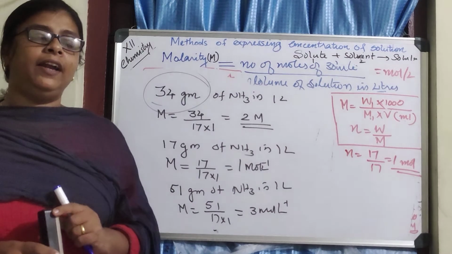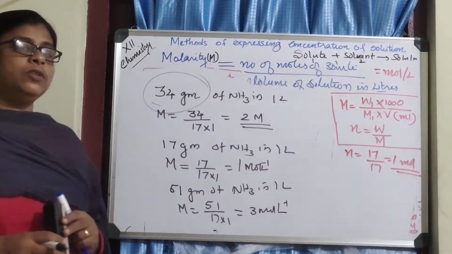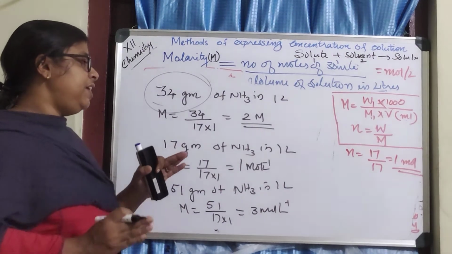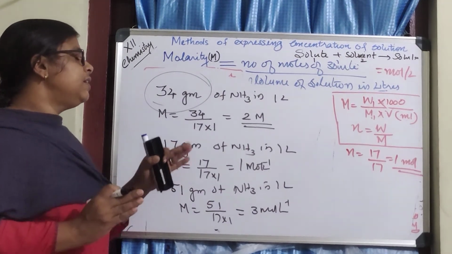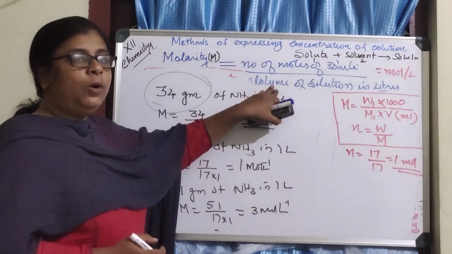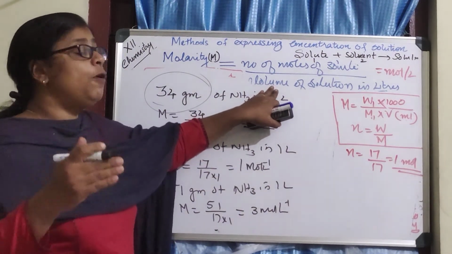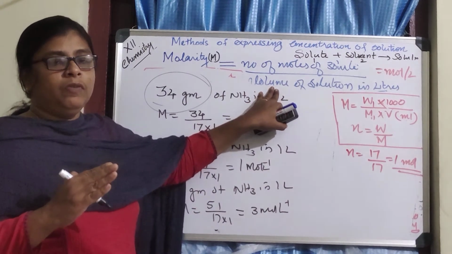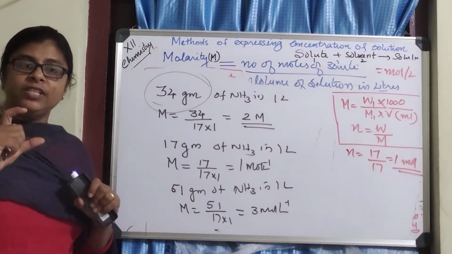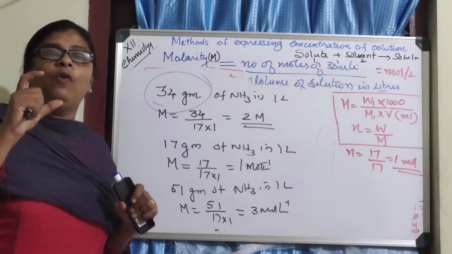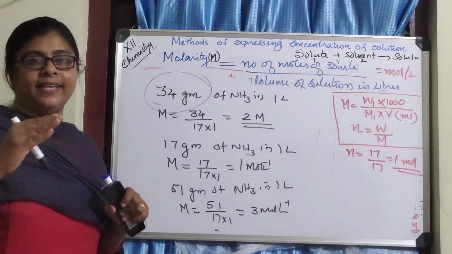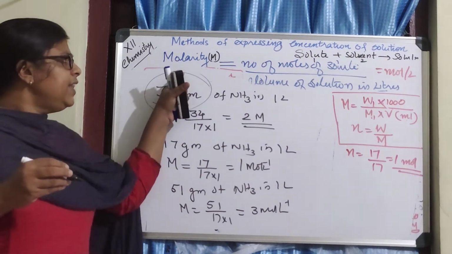So, we can say that molarity is temperature dependent. എന്തുകൊണ്ടാണ് molarity എന്ന് പറഞ്ഞാൽ number of moles per liter. വോളിയത്തിന് ടെമ്പറേച്ചറുമായിട്ട് ഡയറക്റ്റ് ആയിട്ടുള്ള ബന്ധമുണ്ട്. ടെമ്പറേച്ചർ കൂടുന്നതിനനുസരിച്ച് വോളിയം ഇൻക്രീസ് ചെയ്യും. ടെമ്പറേച്ചർ കുറയുന്നതിനനുസരിച്ച് വോളിയം ഡിക്രീസ് ചെയ്യും. സോ there is a relation.